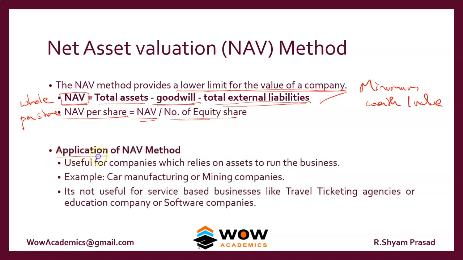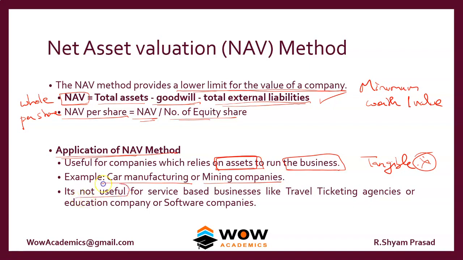So in application, where can we use this method? This method is useful for companies which rely on assets to run the business. What kind of assets? Mostly tangible assets, not intangible. For example, a car manufacturing company or a mining company.